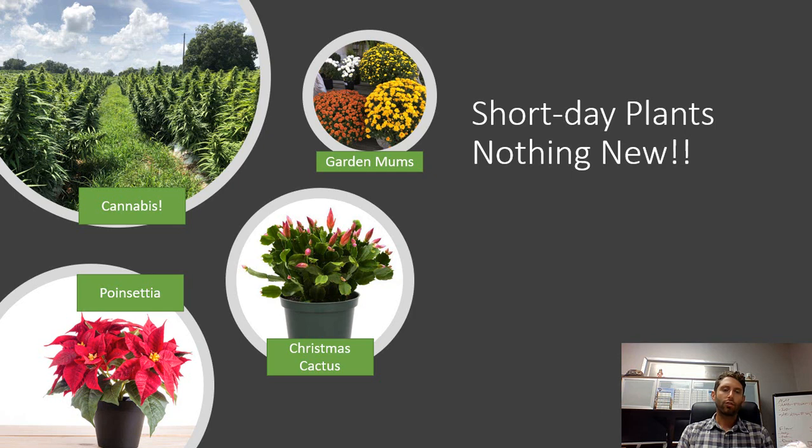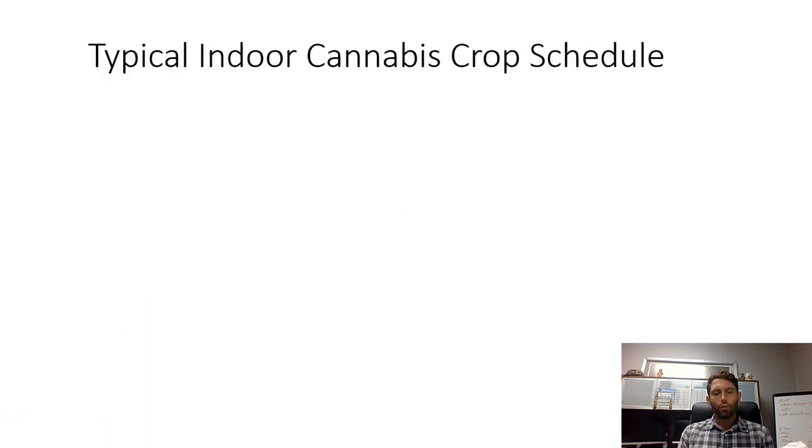And so one thing I like to point out is this is nothing new. Why is the cannabis industry not talking about photoperiodism when it's how we dictate and forecast production of these other crops? We should. So with a basic understanding of what photoperiodism is, and understanding that cannabis is a short day crop, meaning that you need a short day preceded by a long day in order to trigger flowering, let's now look at an example of an indoor schedule.